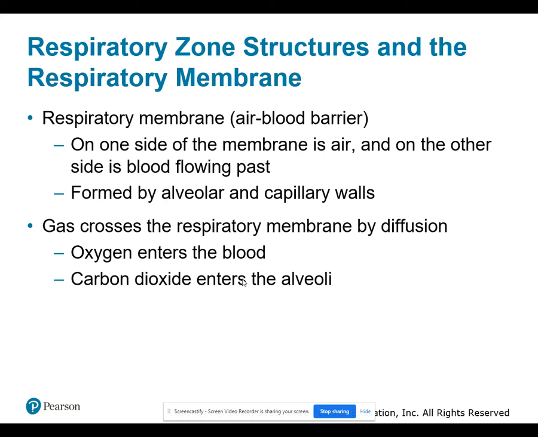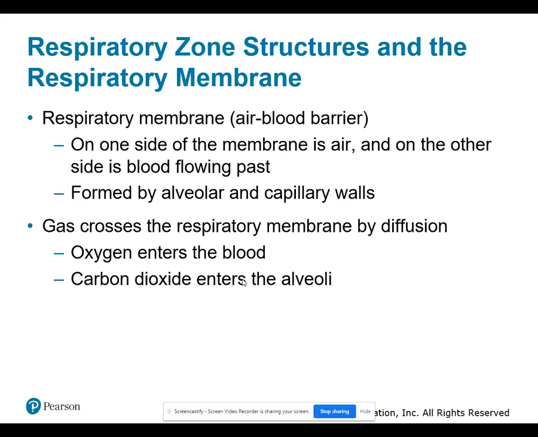Basically, these alveoli and these capillaries form something known as a respiratory membrane, which is an air-blood barrier. On one side is going to be air. On the other is going to be the blood flowing past. So like I said on the last slide, that oxygen can quickly go into the bloodstream and it can take carbon dioxide out of the bloodstream and you can breathe it out.